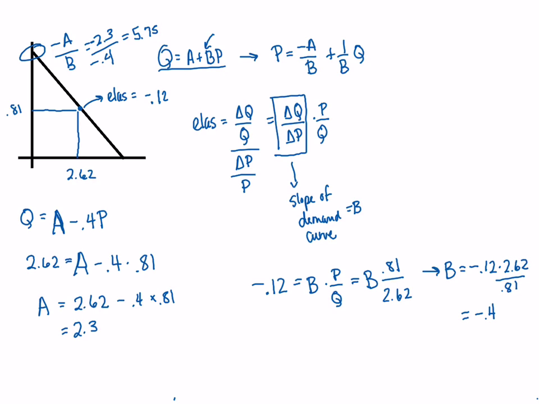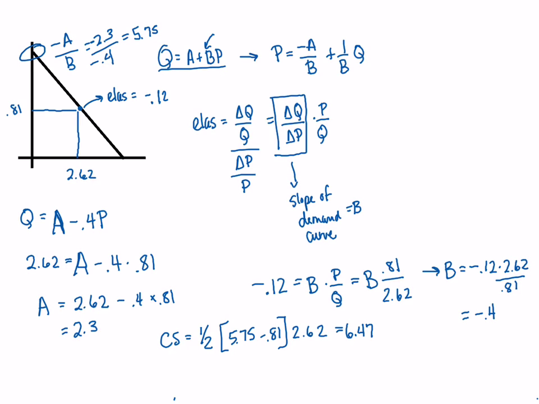So for this point, of course, we can then calculate consumer surplus. Consumer surplus is equal to 1/2 times the height, which is 5.75 minus 0.81, times the base, which is 2.62, which is roughly equal to about 6.47. Okay, so hopefully you have that down.